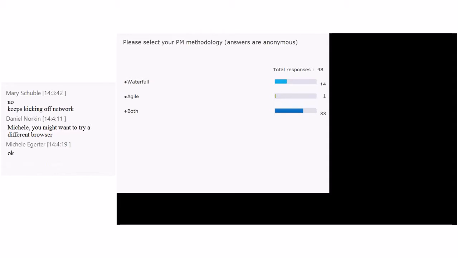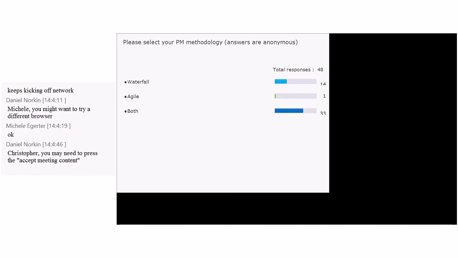Oh, there's 1%. There's someone doing Agile. Well, I'd like to hear from that person after we're done with all the questions. That would be interesting. Talk to that guy. All right, I'm about to take the poll away.